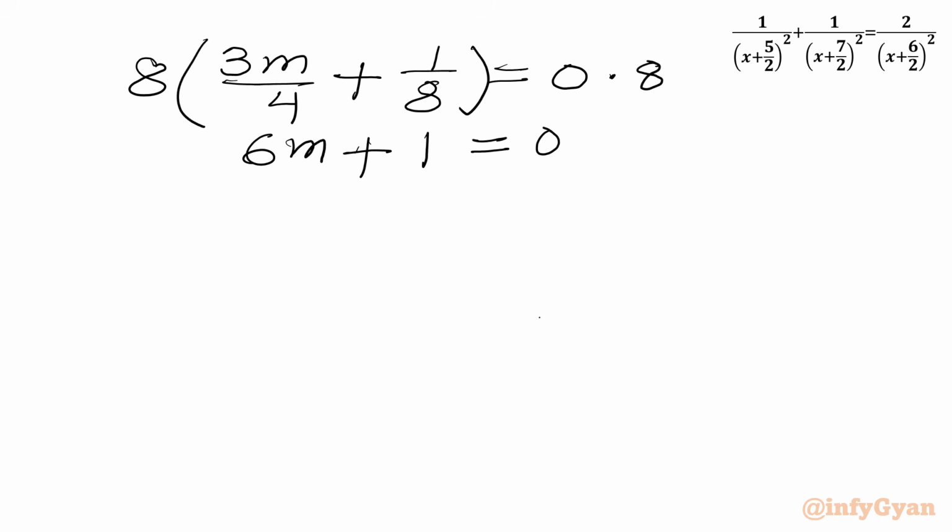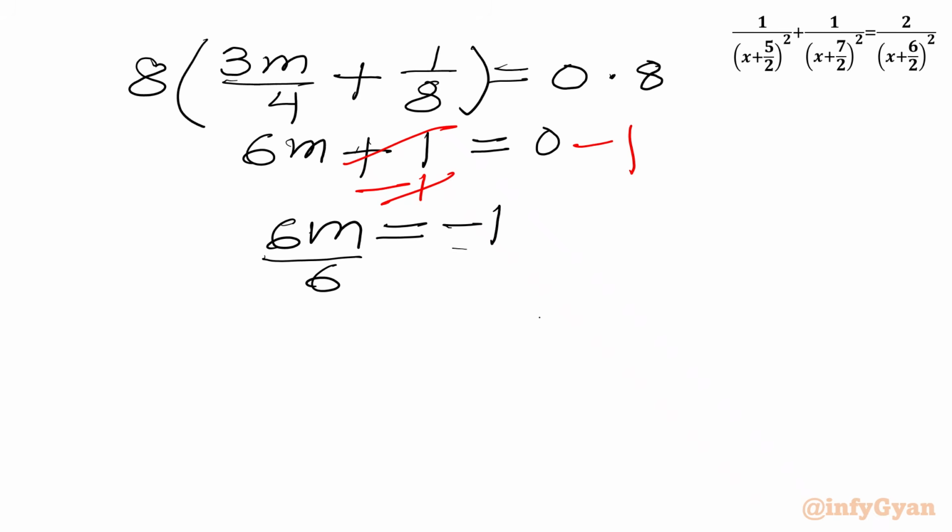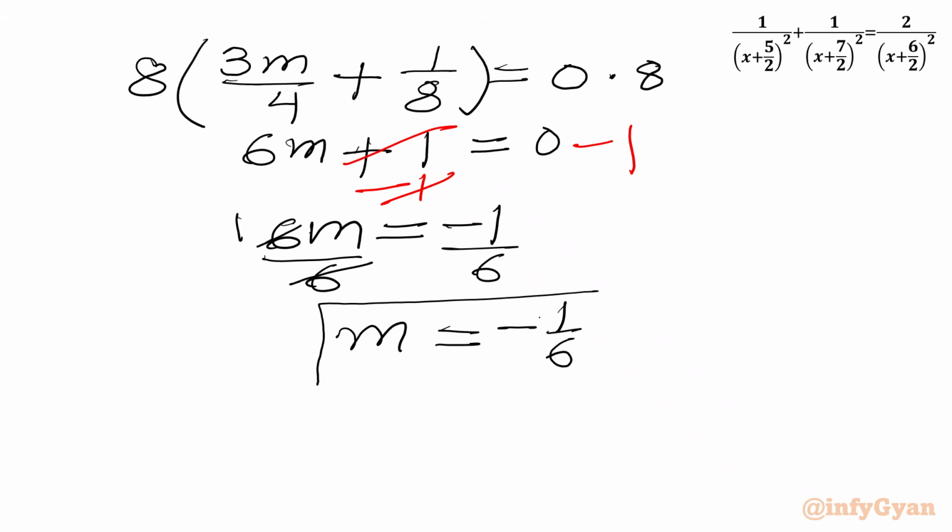Now we'll subtract 1 from both the sides. So we can cancel plus 1 and minus 1 from LHS. The equation will become 6m equal to -1. Now we have to divide both sides by 6. So 6 over 6 will become 1. We are going to get m equal to -1 over 6.